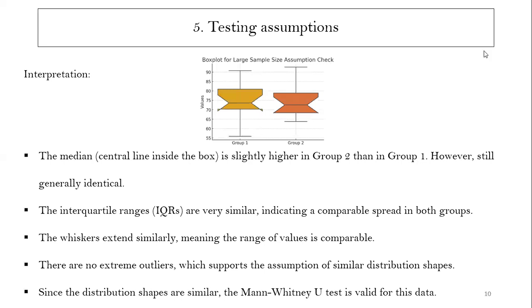The interquartile ranges are very similar, indicating a comparable spread in both groups. The whiskers extend similarly, meaning the range of values is comparable. As you can see, there are no extreme outliers, which supports the assumption of similar distribution shapes. Since the distribution shapes are similar, the Mann-Whitney U test is valid for this data.